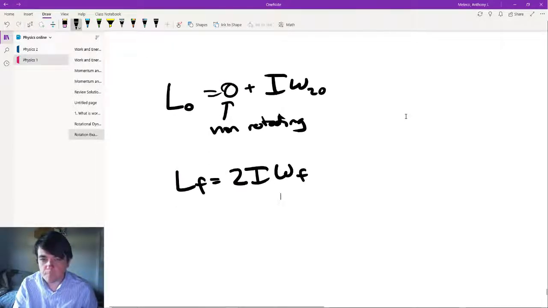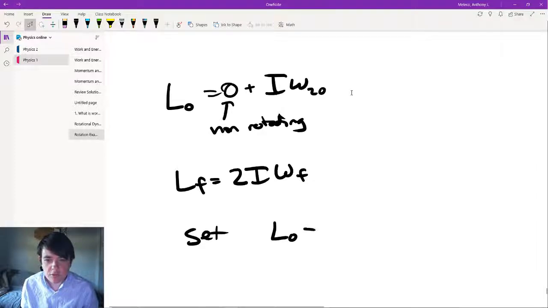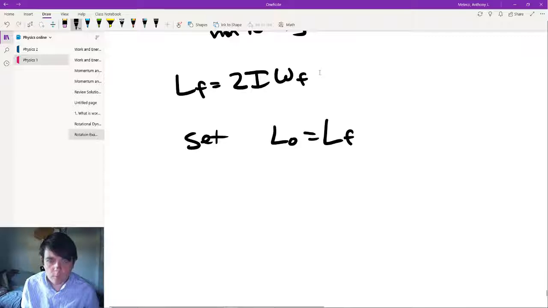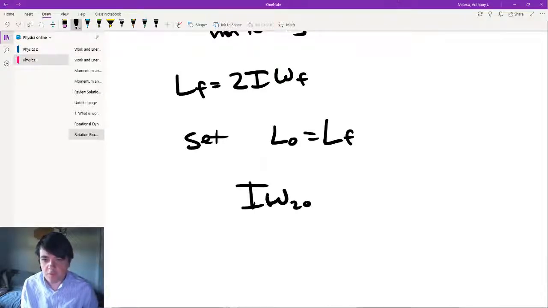Okay, and so set our initial equal to final, just like before. So you have just I omega over here, which we've called omega 2 naught. And then over here we have 2I, 2 times the moment of inertia times omega final, because they're rotating together.